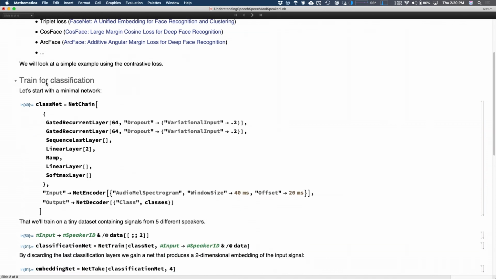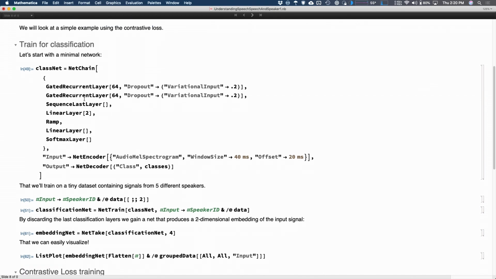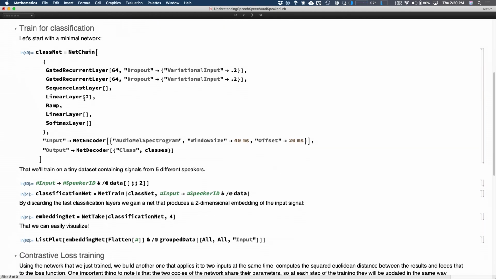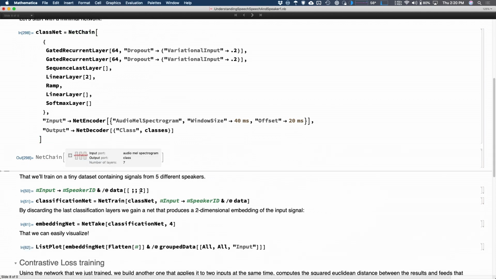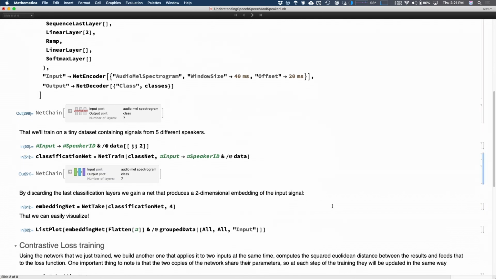So one thing that was added in addition to this after the classification training, we fine-tuned the network. And the goal here is not to perform a classification, but to optimize the embedding, so that different speakers will be clustered in different parts of this 1,000 or so dimensional space where the features live.